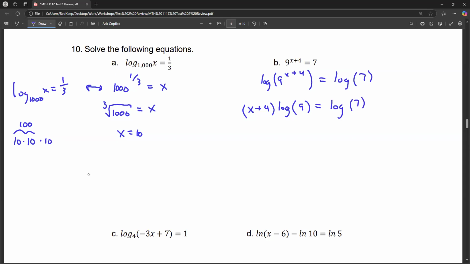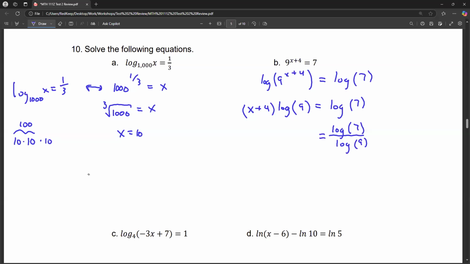Okay, and so here I want to know what x is, but x is being added to by 4, and then that quantity is being multiplied by log of 9. So to undo all of that stuff, I'm going to start by dividing both sides of this by log of 9. So I'm going to take the log of 7 and divide this by log of 9.